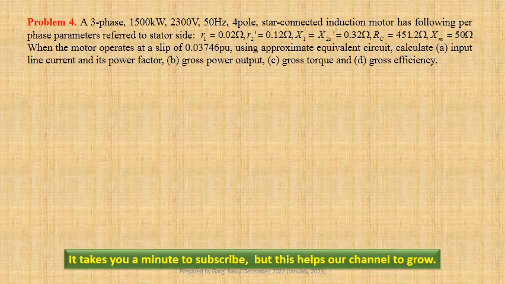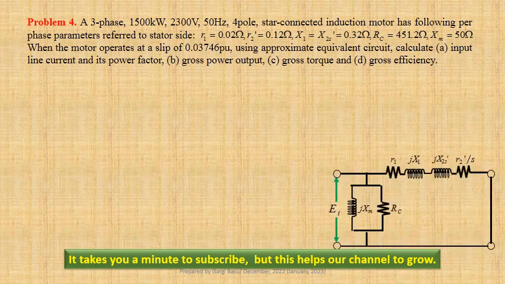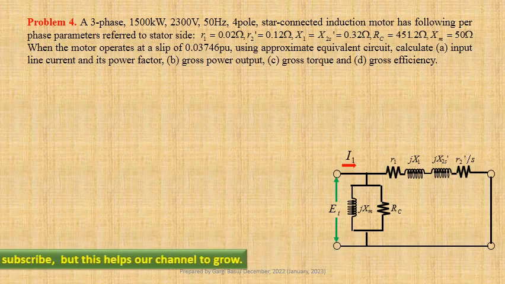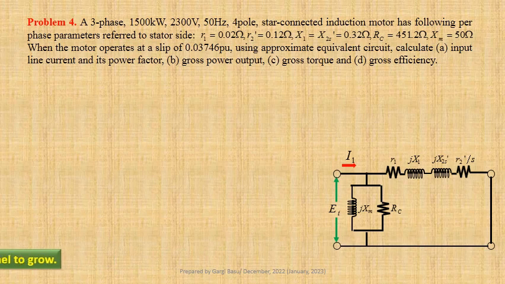When the motor operates at a slip of 0.03746 per unit, using approximate equivalent circuit, we have to determine input line current and its power factor, gross power output, gross torque and gross efficiency.